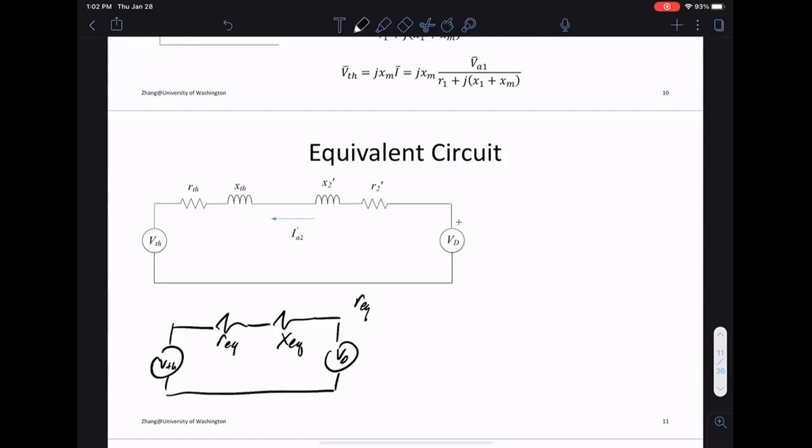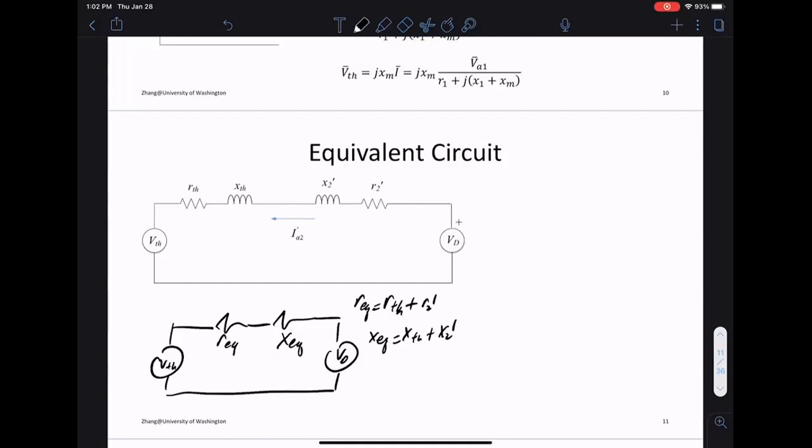This is just the Thevenin part plus the rotor side. Then we can compute the voltage and current.